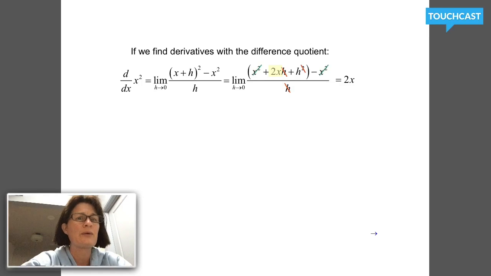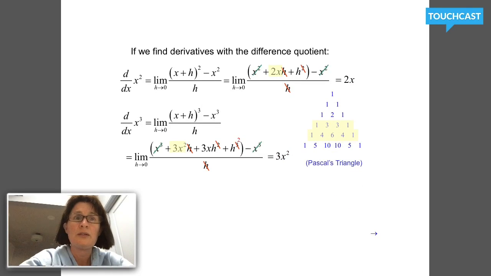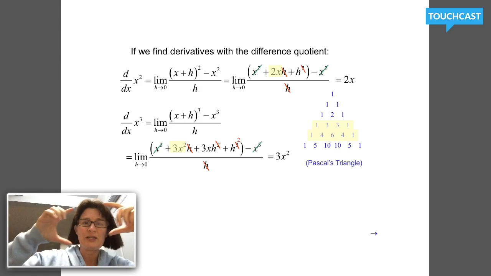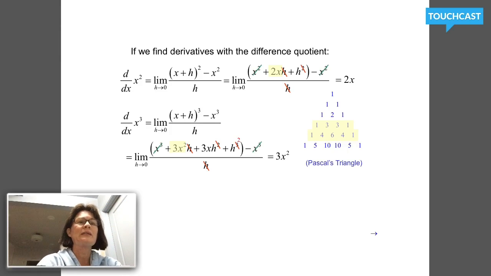Well, what if I tried that with x cubed? I would expand out x plus h cubed, and I would cancel the x cubes with each other, and I'd be able to factor an h out and cancel the h out. And notice the only thing left behind after we've canceled the h's out is what's highlighted there in yellow, 3x squared.